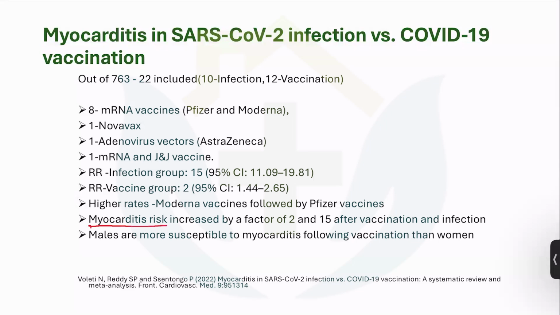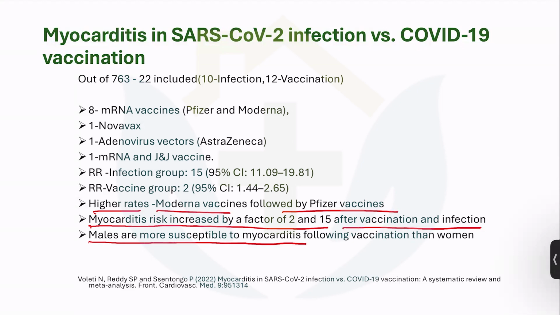Myocarditis risk increases by a factor of 2 to 15 after vaccination and infection. Higher rates were with Moderna vaccines followed by Pfizer vaccines. And strangely, males were more susceptible to myocarditis.